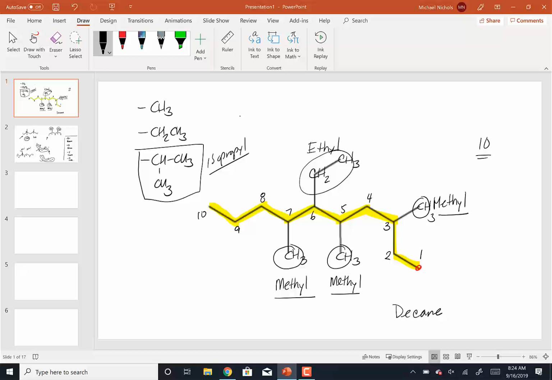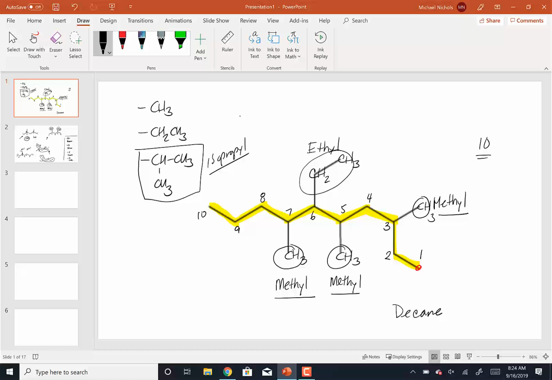So I need to collect those up into one listing. And so I use di, tri, tetra, penta, hexa. The only one that's different is tri, tetra. Everything else kind of matches up with the alkane names.